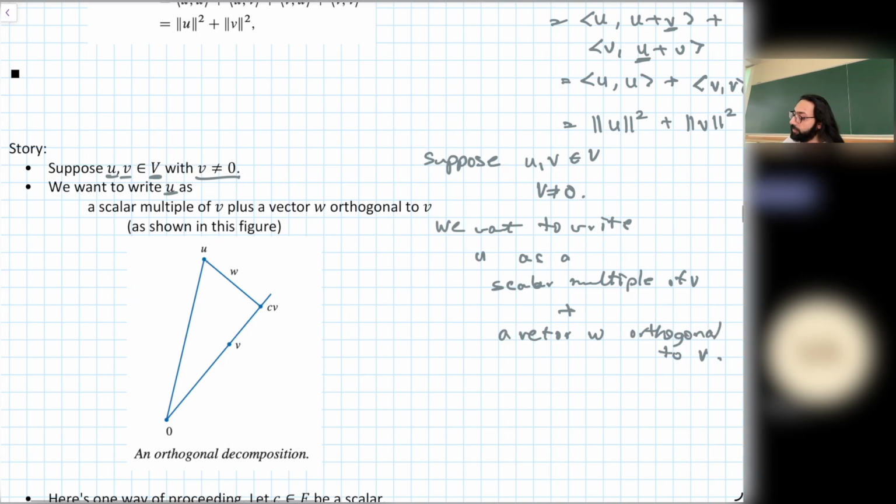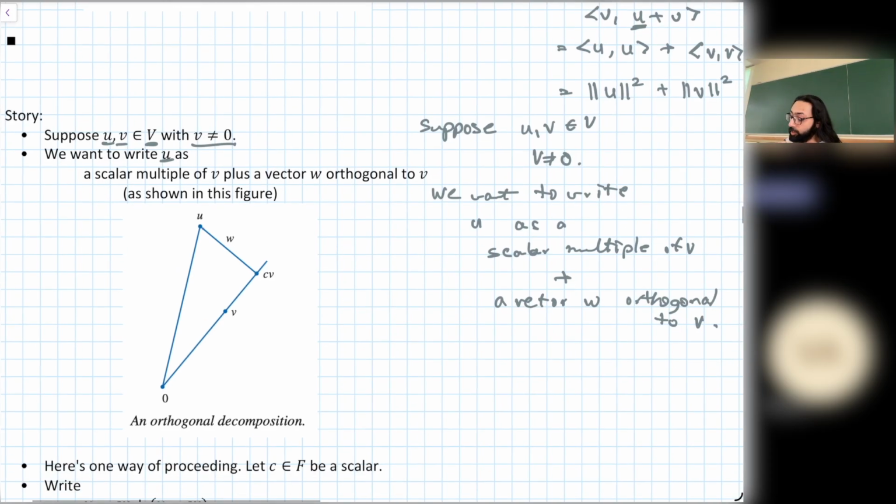Okay, so let's draw the picture. The picture would help. Actually, we already have a picture. So suppose you have some vector u, and you're given some non-zero vector v. We want to write u as a combination of some scalar times v, so basically along the same direction, so let's call it cv, plus a vector w that is orthogonal to v.